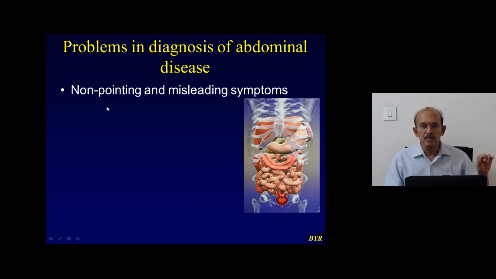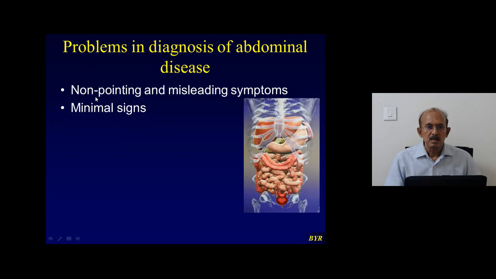Where this organ lies, the patient may not have pain. The patient has pain somewhere else. And symptoms will be misleading. Of course, I will tell you shortly about these misleading symptoms. Signs may be minimal. The patient may come to you with severe pain, rolling on the bed, curling, but when you examine him, you may not find any sign or only very minimal signs.